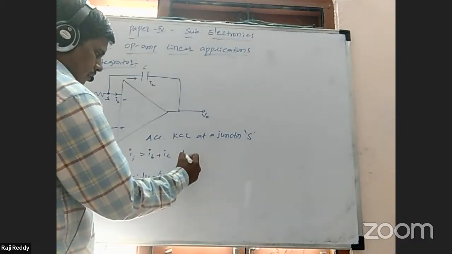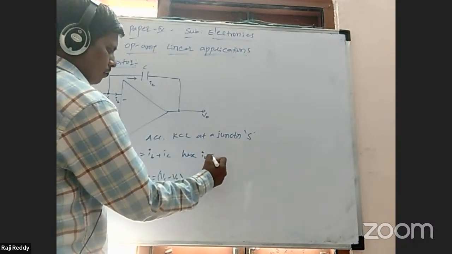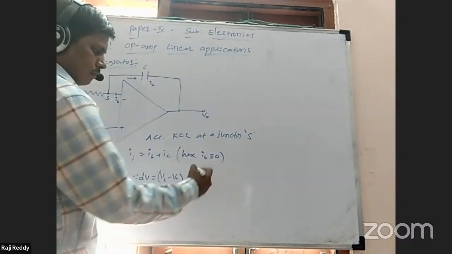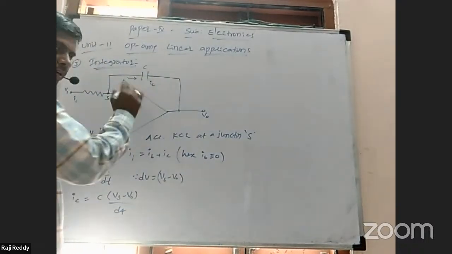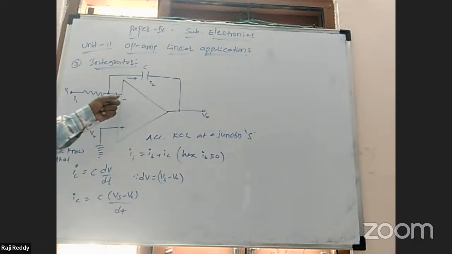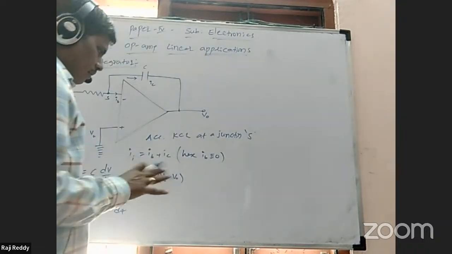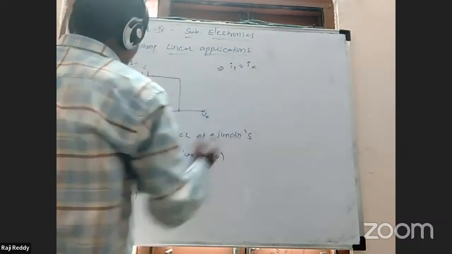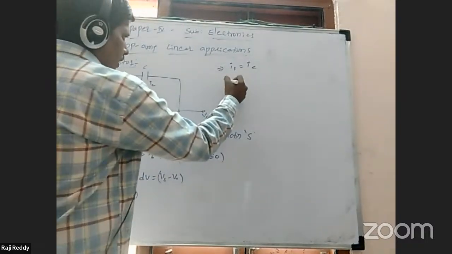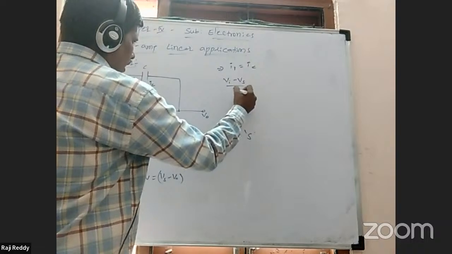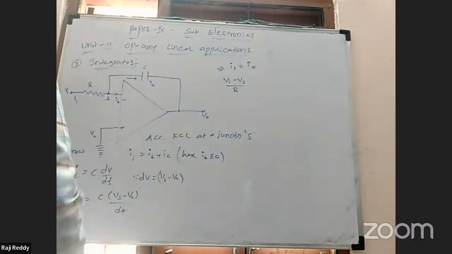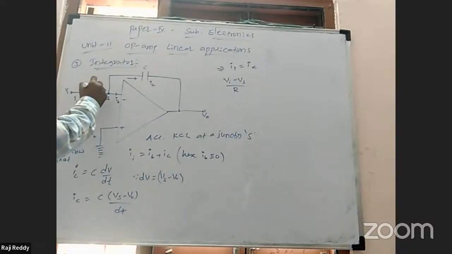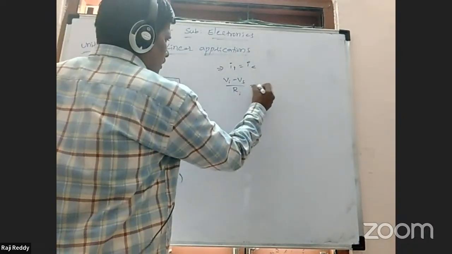From this equation, the thing is IB is very small, approximately equal to 0. Maximum current flows through the capacitor only. It won't go to the negative terminal of the amplifier in large magnitude. So I'm taking negligible current IB. Automatically that implies Ii is equal to IC. Ii, the input current, is (Vi minus Vs) by Rin, or whichever input resistance, R1 or Ri, I'm considering Ri. That is equal to IC.